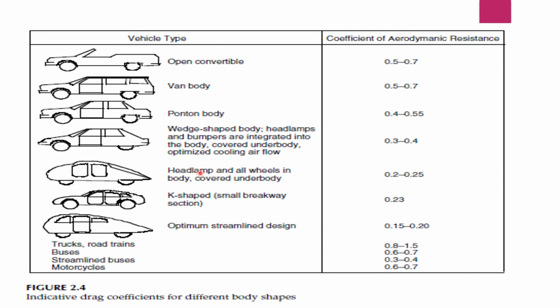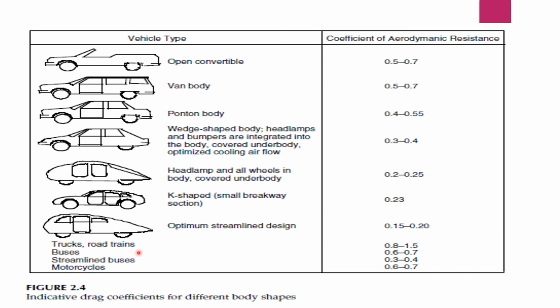When headlamps and all the wheels are covered in the body along with the underbody, the aerodynamic resistance is 0.2 to 0.25. For a K-shaped small breakaway section, it is 0.23, and for an optimum streamlined design, it is 0.15 to 0.20.